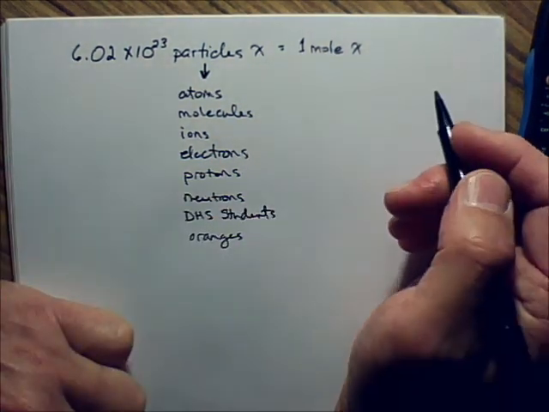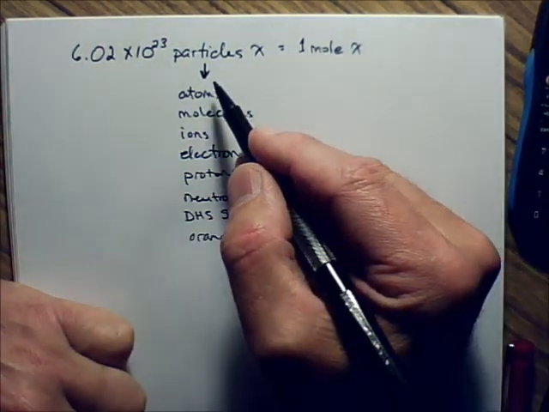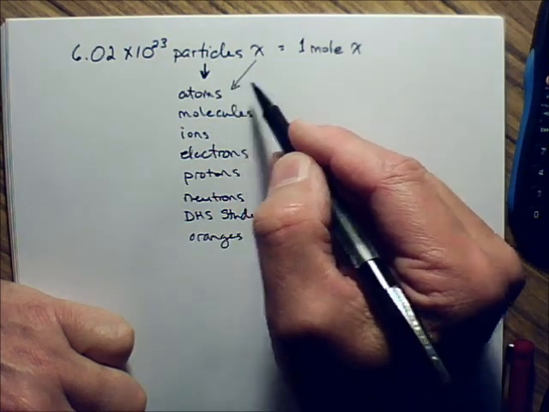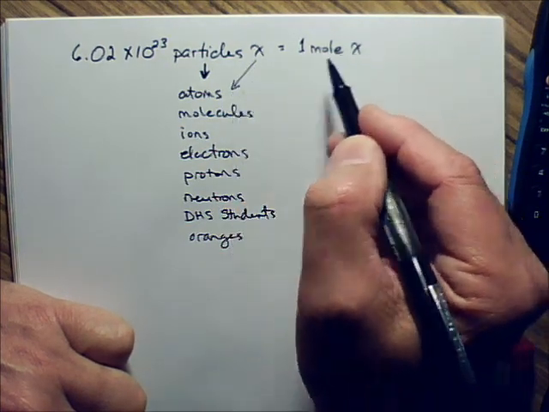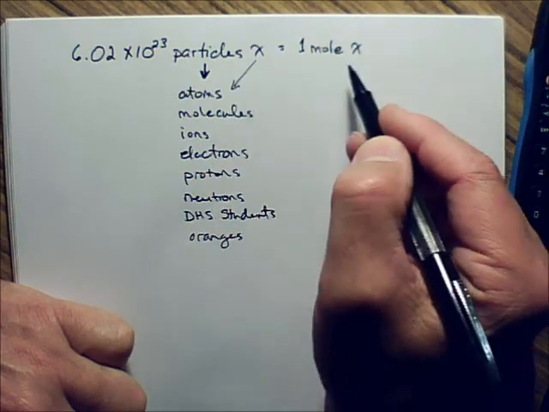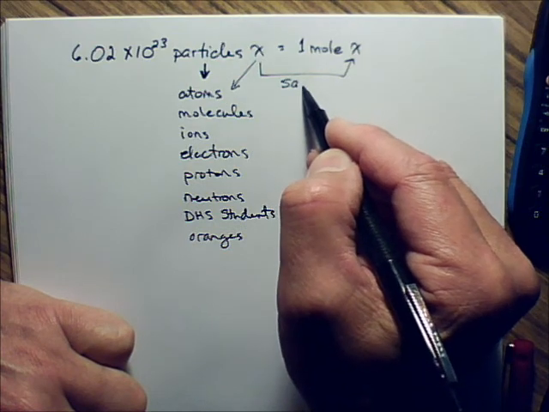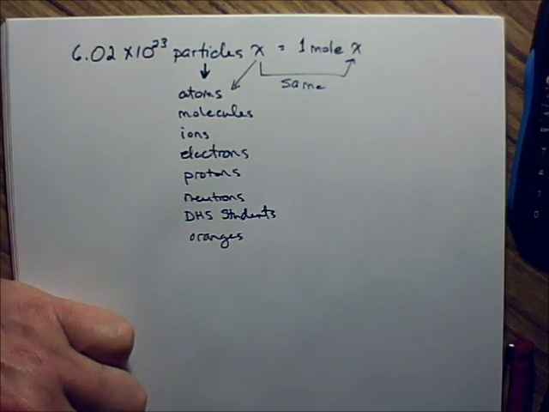And so, whatever kind of particles those are, that same species, whatever that species is for these particles, also has to be the same species over here. So these have to be the same. That's why I've listed it as X. Those have to be the same.